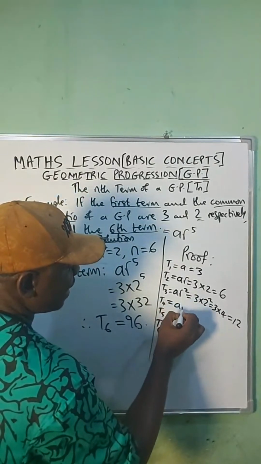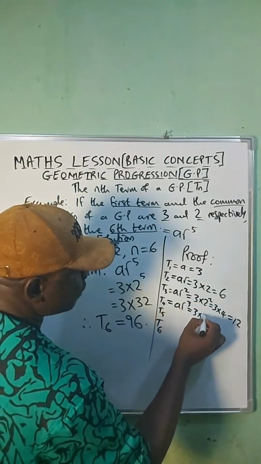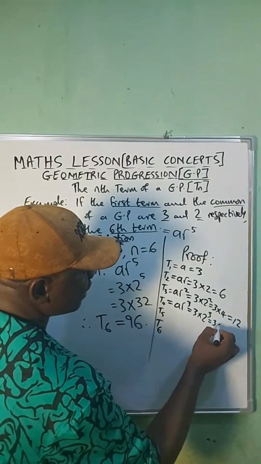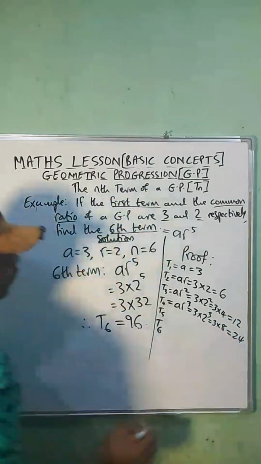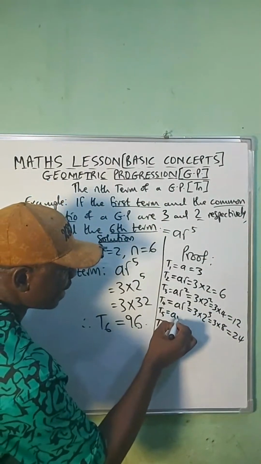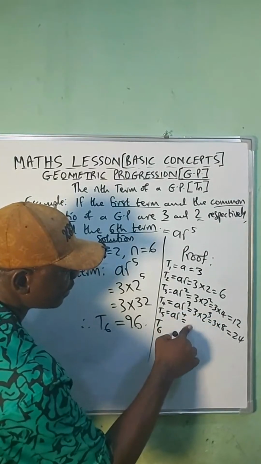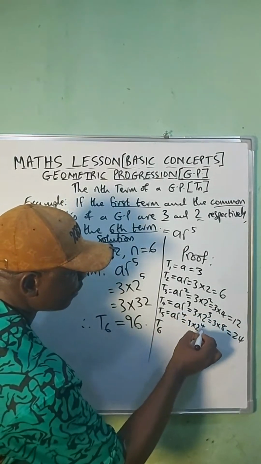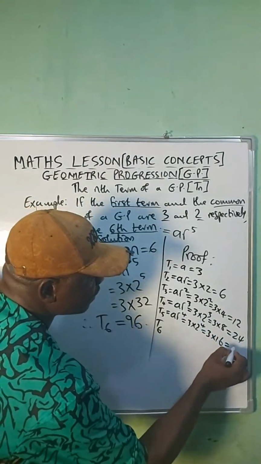The next one will be AR to the power 3, which is 3 times 8, which is 24. Then this one will be AR to the power 4, which is 3 times 16, which is 48.